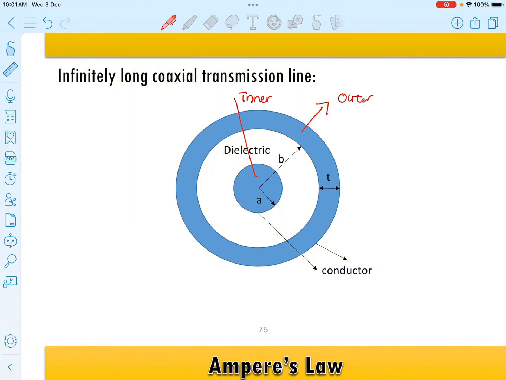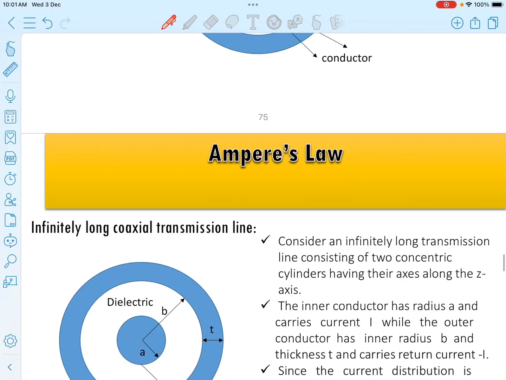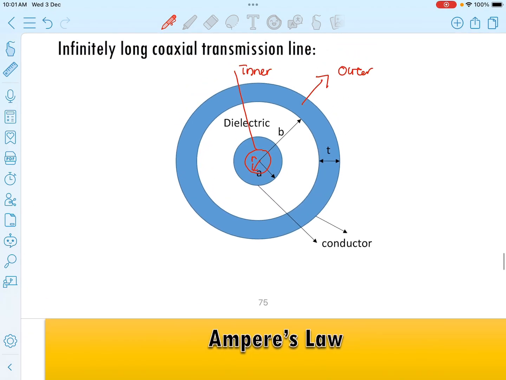We are going to see the magnetic field at a few portions. The first one is when r is less than a. Then we are going to see the area in between a and b, and what the magnetic field is in this region.